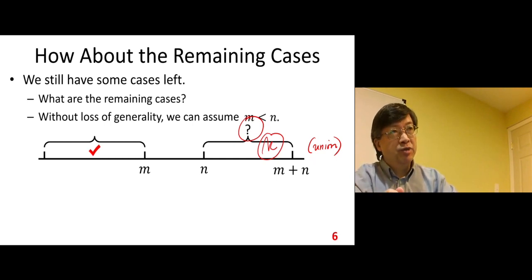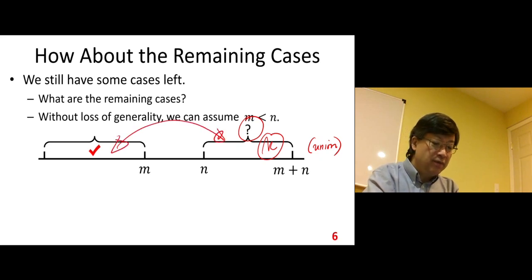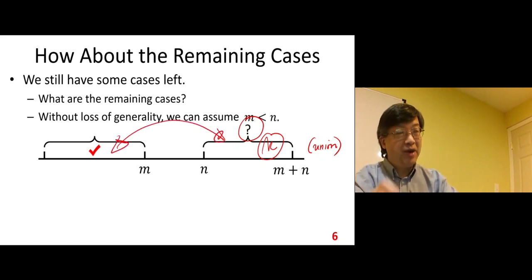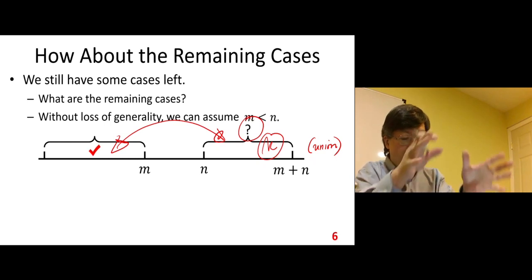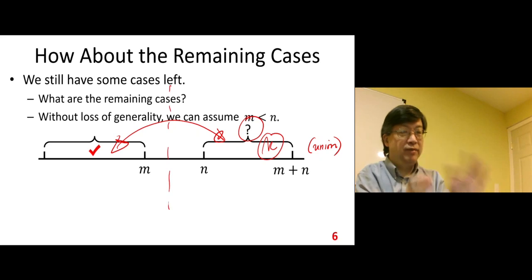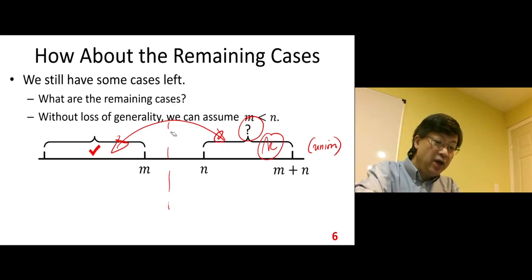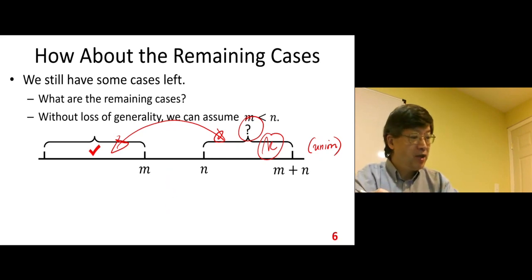The thing we want to explore: these two parts are symmetric. From the diagram, you can see they are symmetric. If we put a mirror in the middle and flip, it is the same. So we want to take advantage of the symmetry here. How do we take advantage of symmetry?